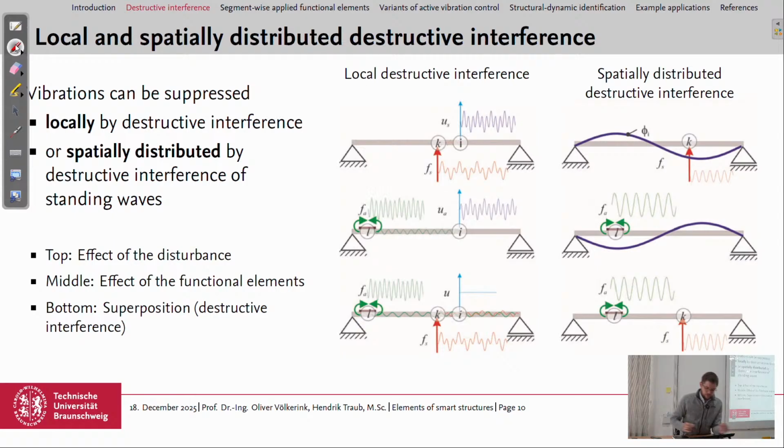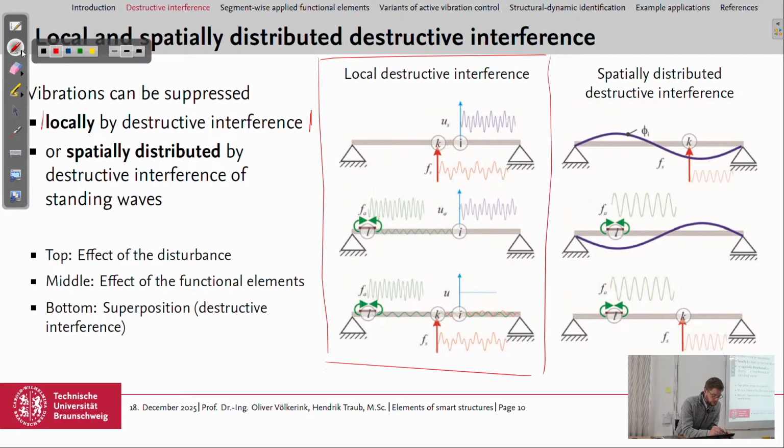Now we have two approaches to use destructive interference with our surface actuators. We can suppress a vibration locally. This would be this approach here.